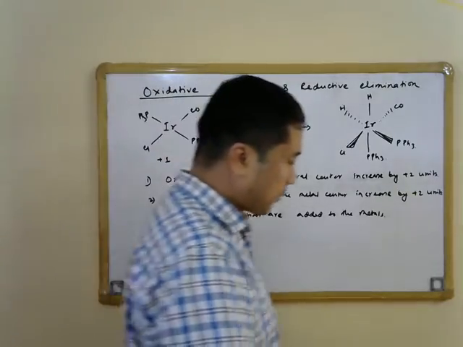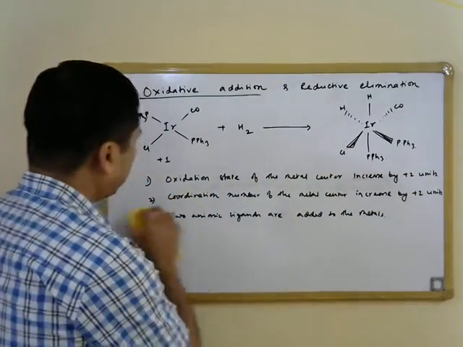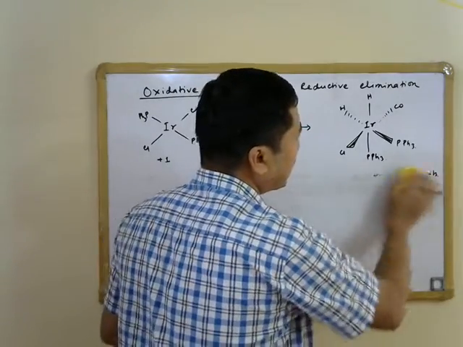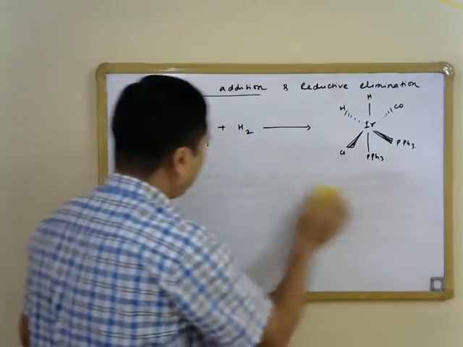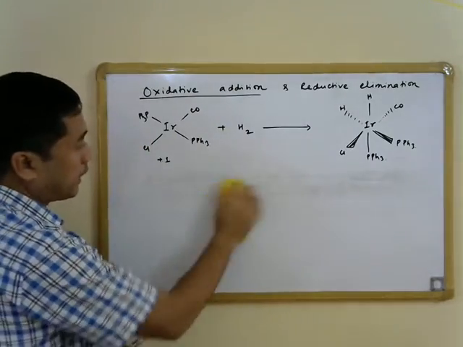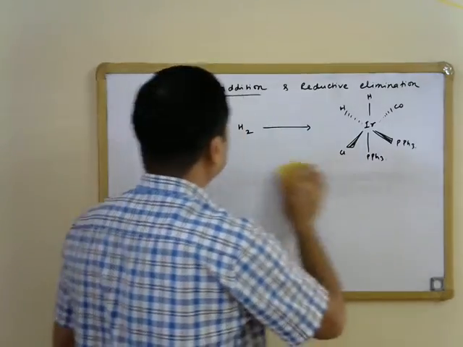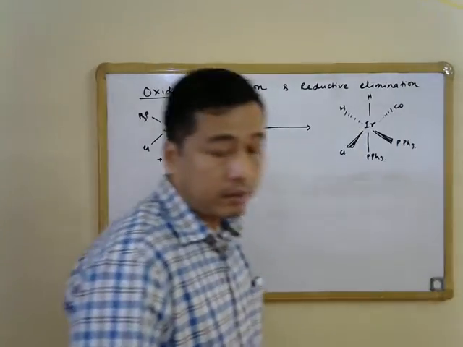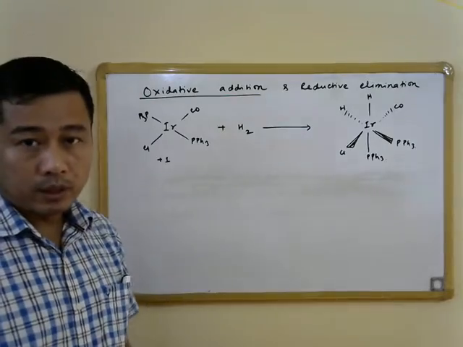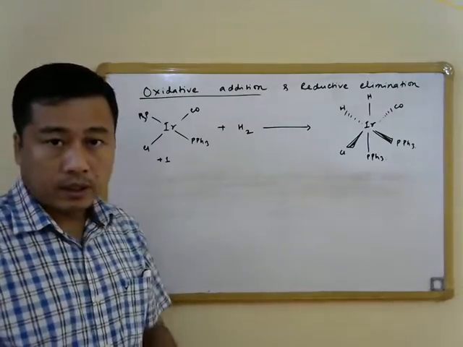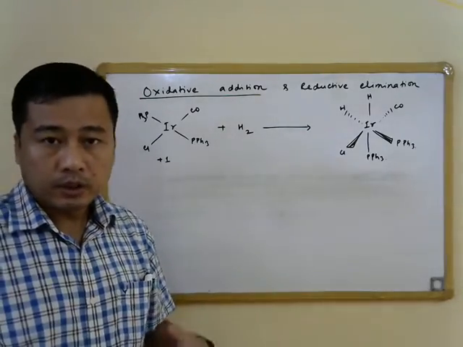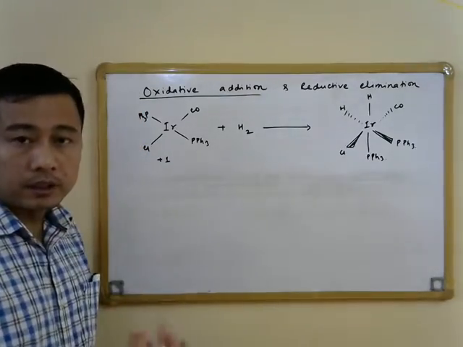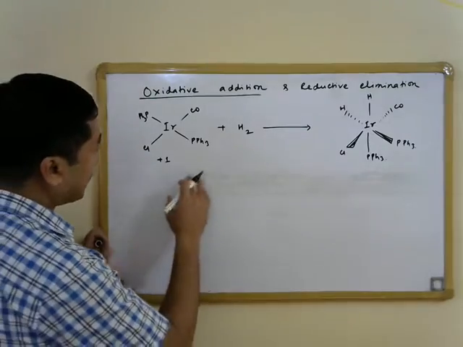Now let us look at some examples of oxidative addition reaction, because this reaction is part of many important catalytic cycles. We have already seen how Vaska's complex undergoes oxidative addition reaction with molecular hydrogen, as well as in the case of hydrogenation of olefin by Wilkinson catalyst, where oxidative addition is also a part of the catalytic cycle.